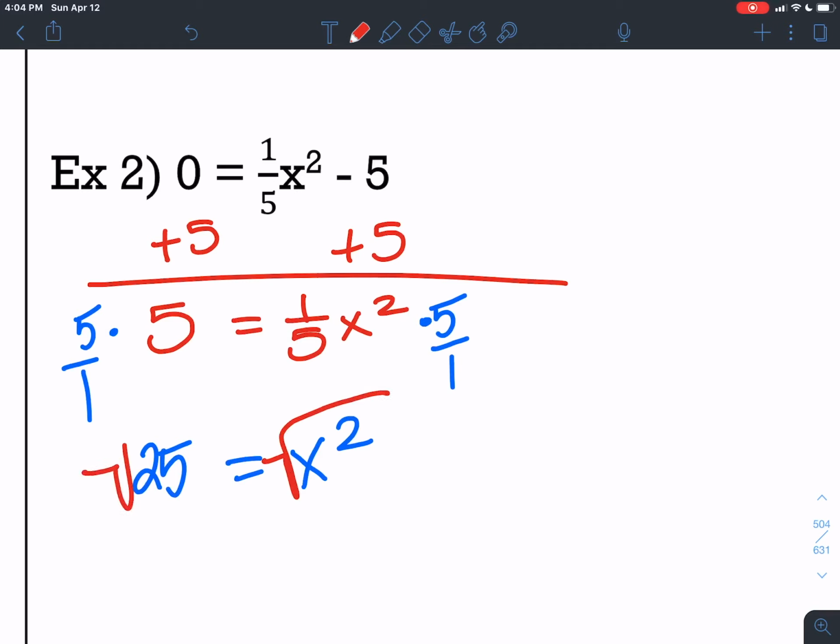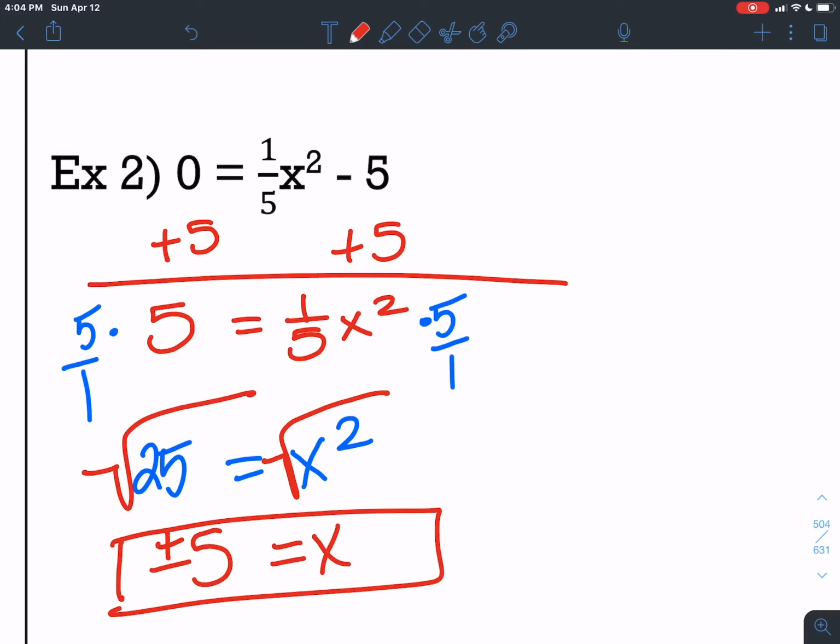I could take the square root of both sides. The square root of 25. Well, I know 5 times 5 is 25, but negative 5 times negative 5 is also equal to 25. So I have two answers again, positive and negative 5.